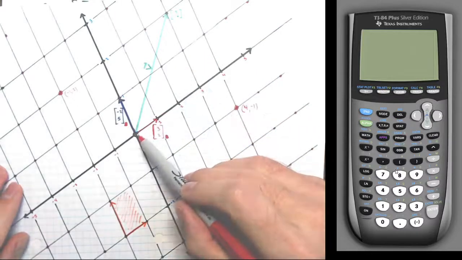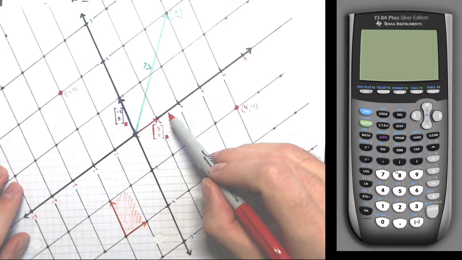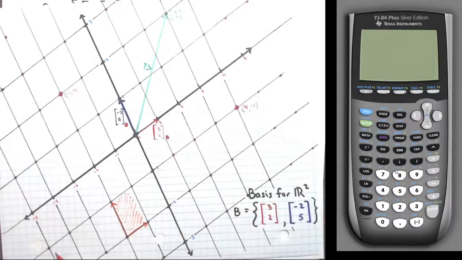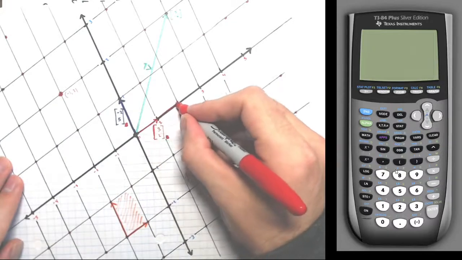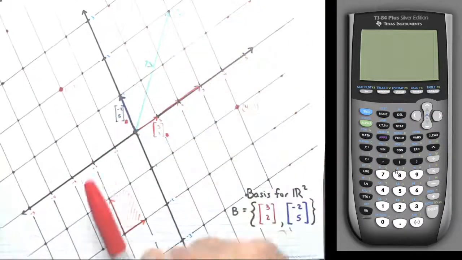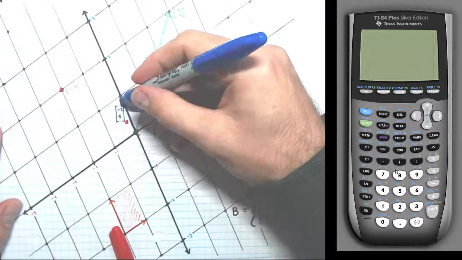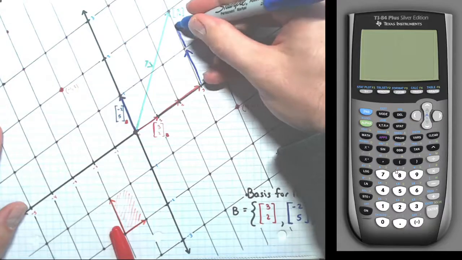See how I'm going to get to that point to create this vector. See how I go 1, 2, 3 of this vector. There's 3, 2, and then 3, 2 again, and 3, 2 again. There's 3 of that vector, and then going in the direction of -2, 5, the other vector, there's 1 of that vector, and then another one.